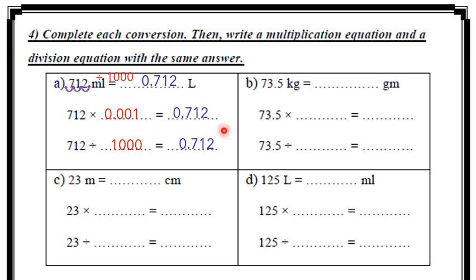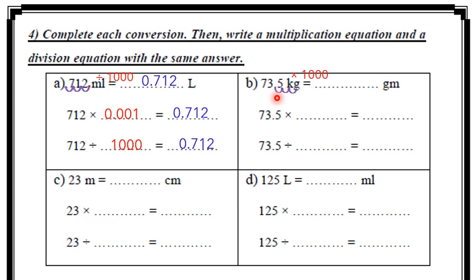In the next, here we have 73.5 kilogram equals how many grams? Now the 1 kilogram equals 1000 gram, and from the big unit to the small unit I'm gonna use times 1000. So let me move the decimal point 3 places to the right, 1, 2, 3.